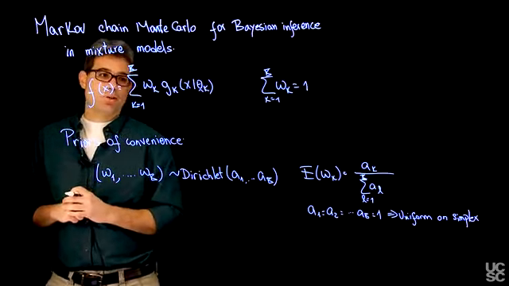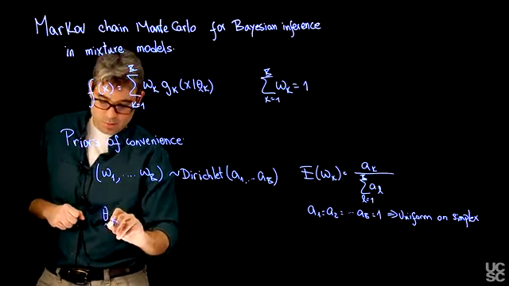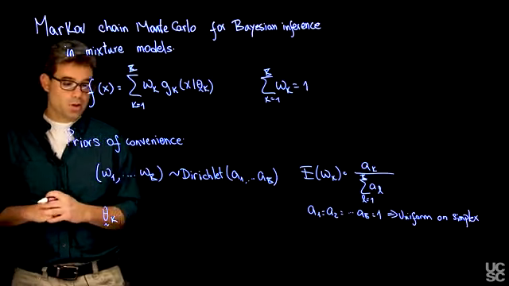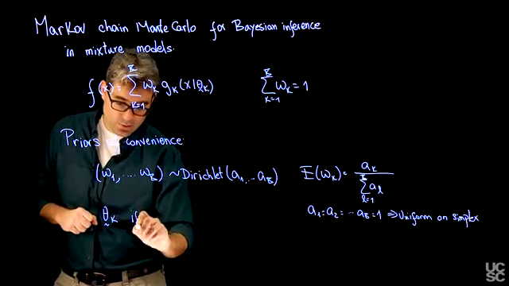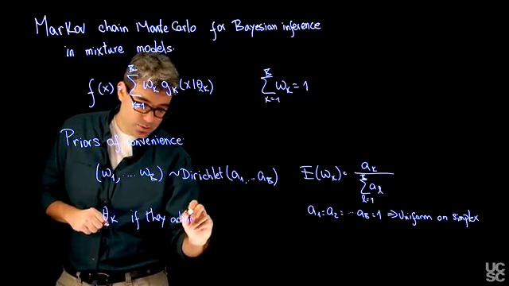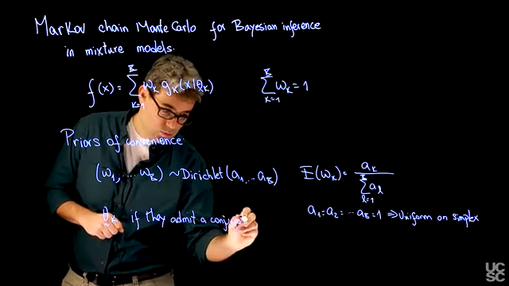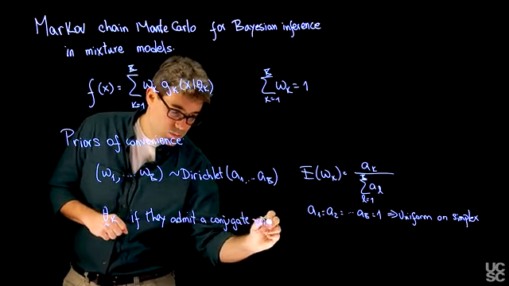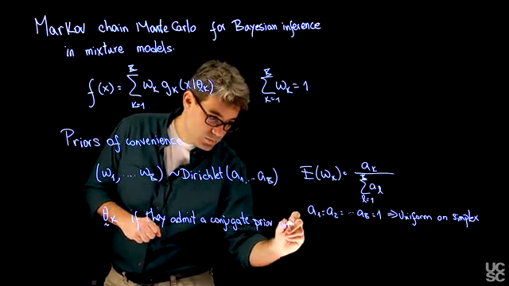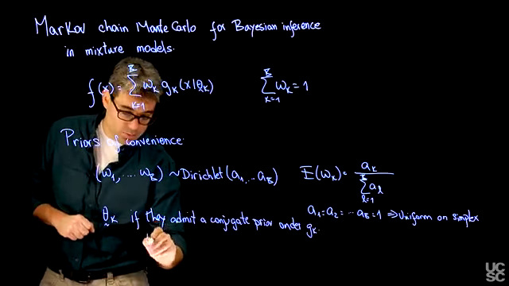Now, the other set of priors that we need is the priors for the theta k's. And what is typically done here is that if they admit a conjugate prior under G sub k, then that prior is used.